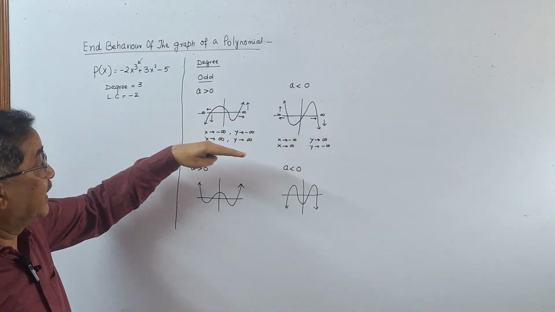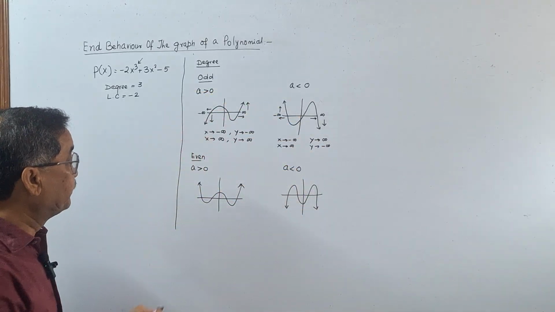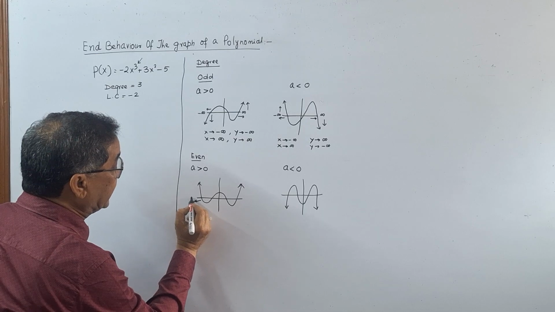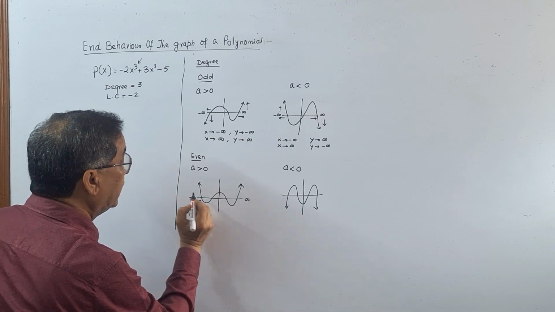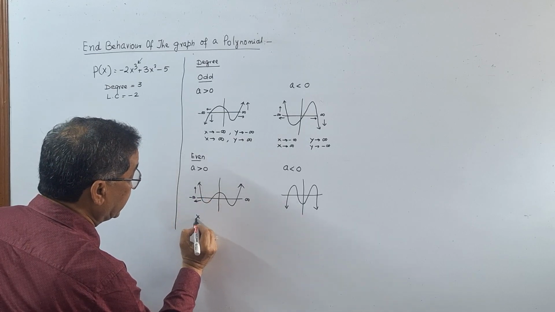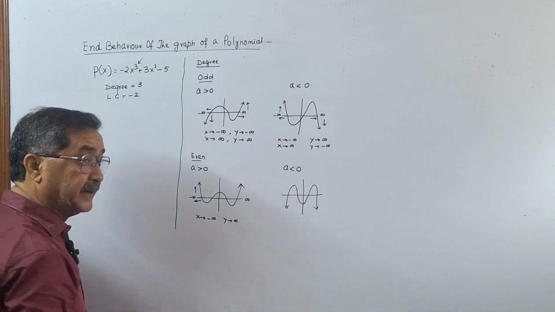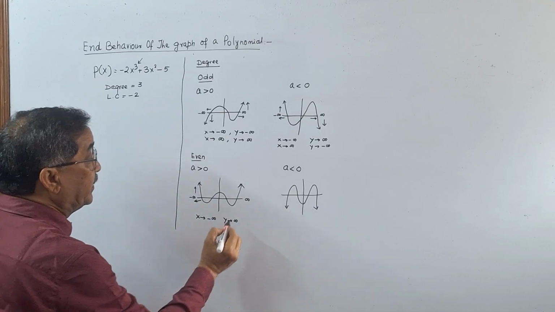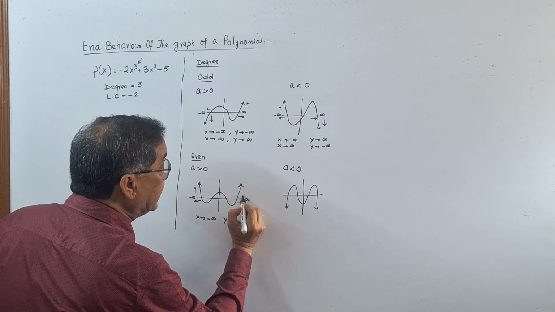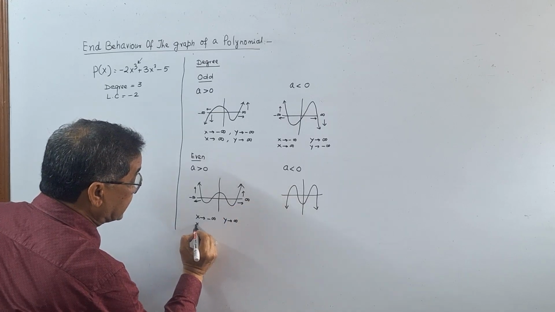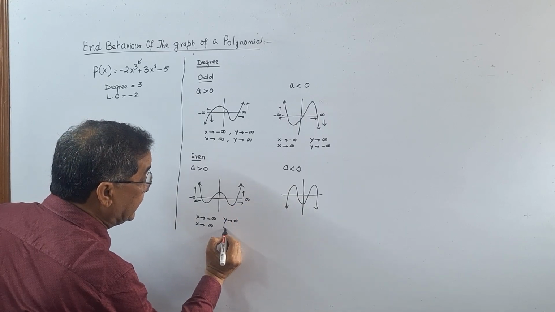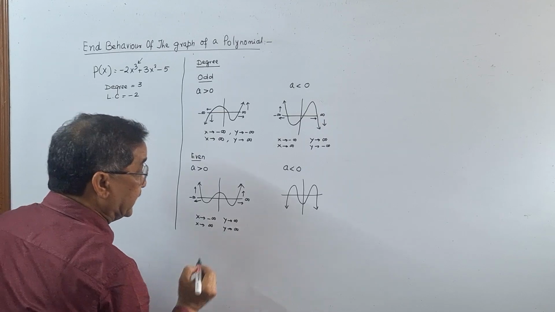That is how we analyze the graph. Similarly for this, as x approaches negative infinity, y is going up. So as x approaches negative infinity, y goes to infinity, whereas when the value of x is going towards infinity, it is still going up. So as x approaches infinity, y approaches infinity.